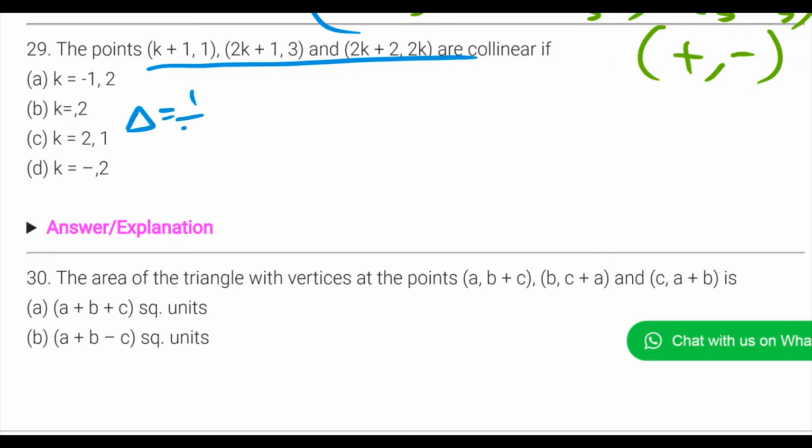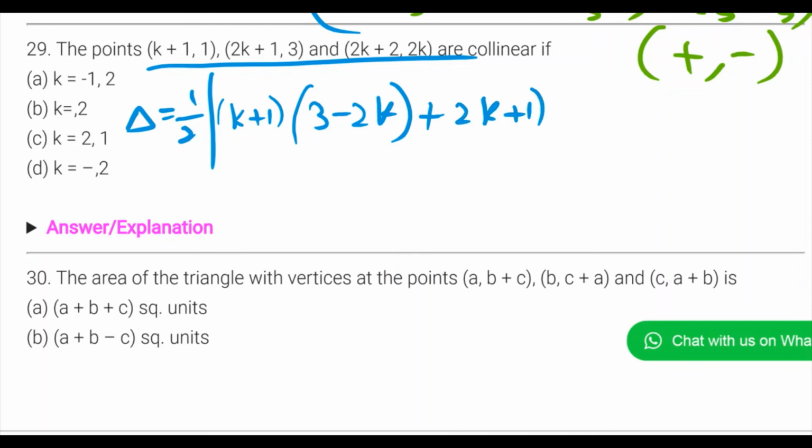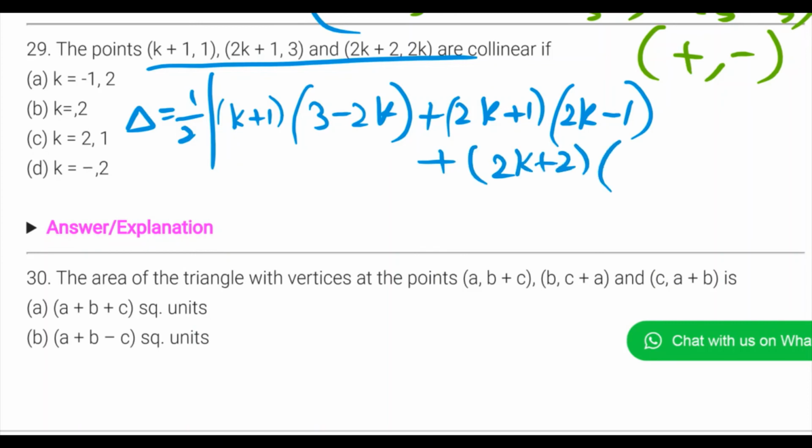Delta equals half of x1 into (y2 - y3). x1 is k + 1 into (y2 - y3), y2 is 3 here and y3 is 2k, so (3 - 2k), plus x2 is (2k + 1) into (y3 - y1), y3 is 2k minus y1 is 1, plus x3 is (2k + 2) into (y1 - y2), which is (1 - 3), and equate this to 0.